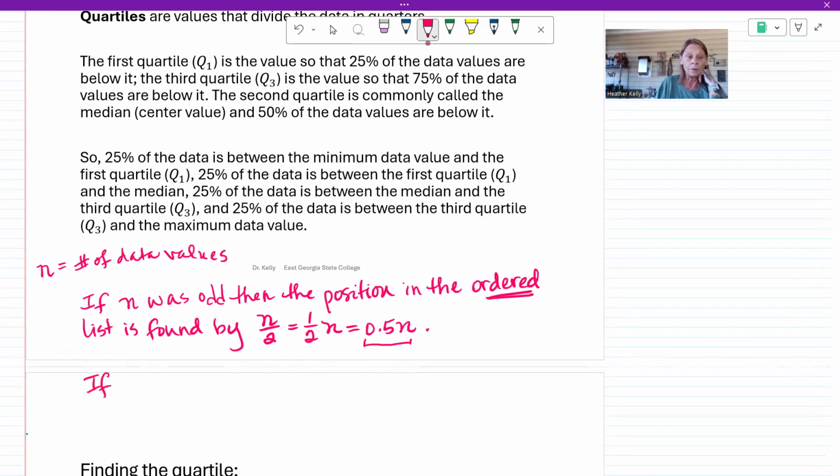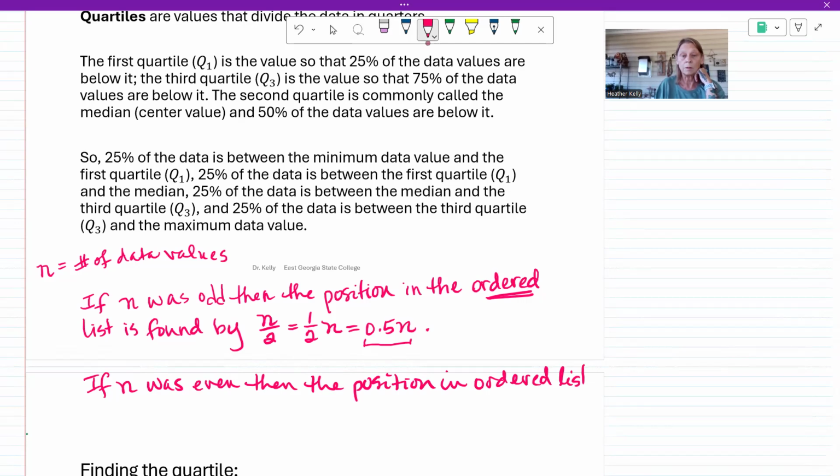If n was even, then the position in the ordered list is found by the average of n over 2 and n over 2 plus 1.